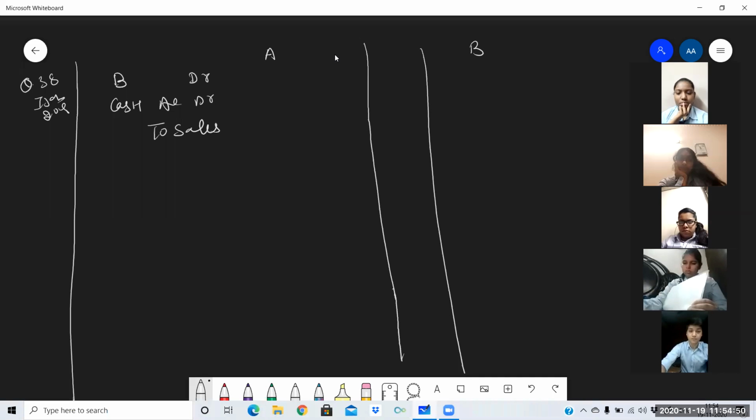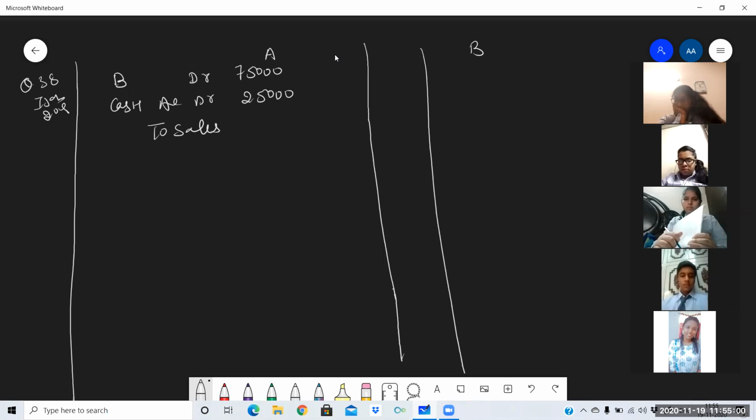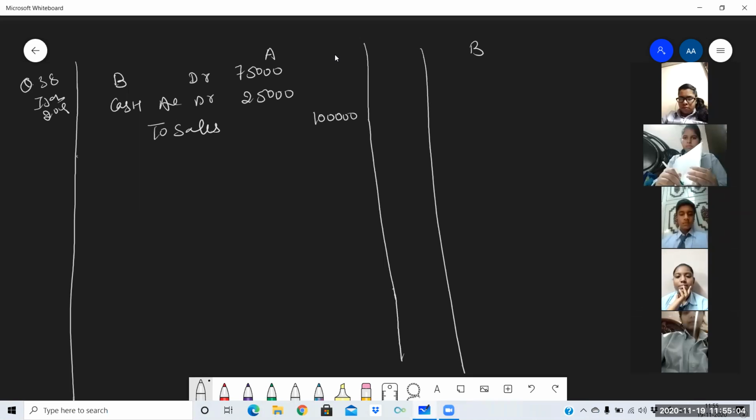A part of the sale we have received in cash, 25,000. And for 75,000, B will become our debtor. And the sale amount is rupees 1 lakh.